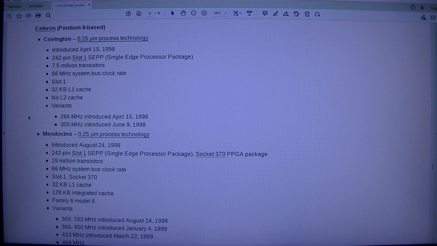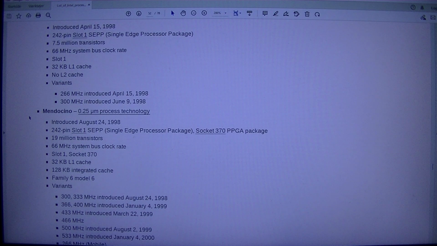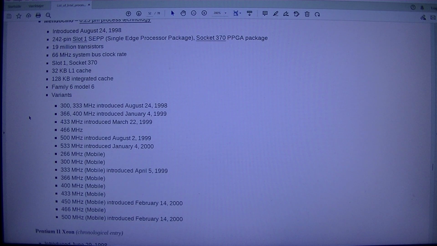Mendocino 0.25 micrometer process technology introduced the 24th of August, 1998. 242-pin slot 1 SEP, single-edge processor package, socket 370 PPGA package. 19 million transistors. 66 MHz system bus clock rate.